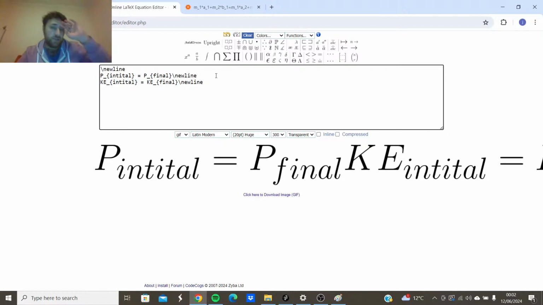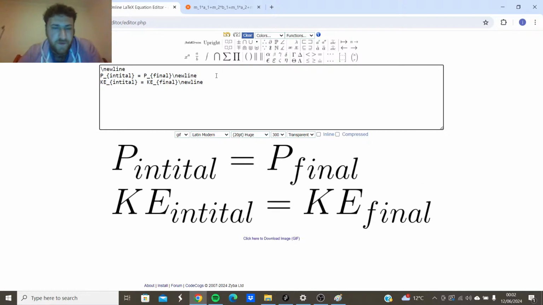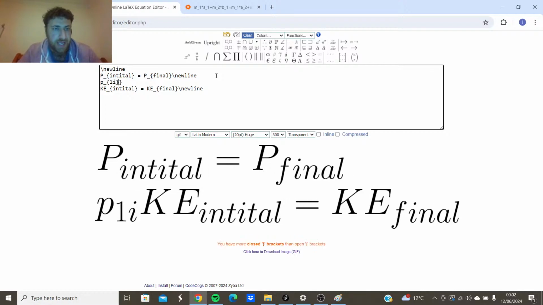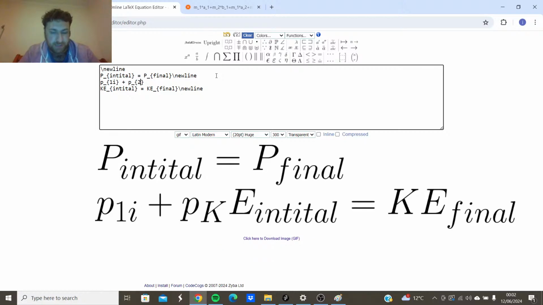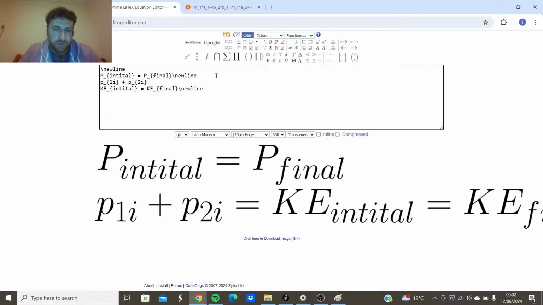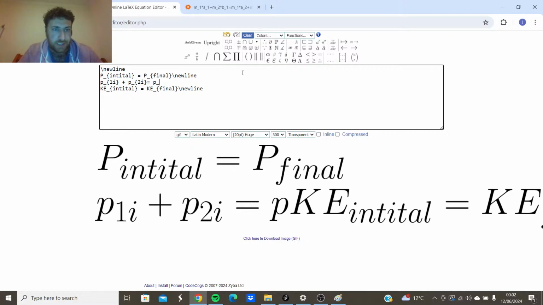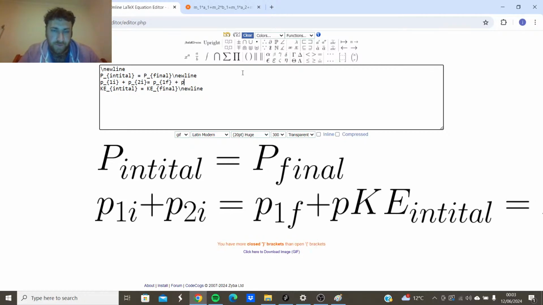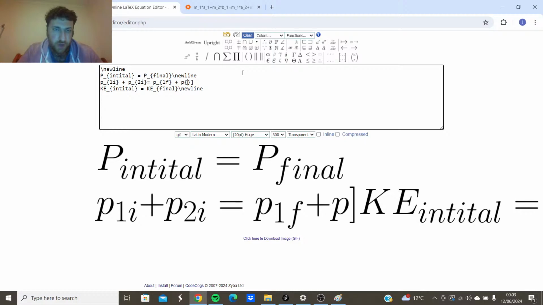Instead of talking about P initial and P final, we say our initial momentum of object 1, P1I, plus our initial momentum of object 2, P2I, is going to be equal to our final momentum of object 1 plus the final momentum of object 2.